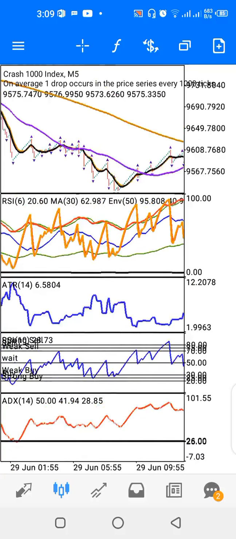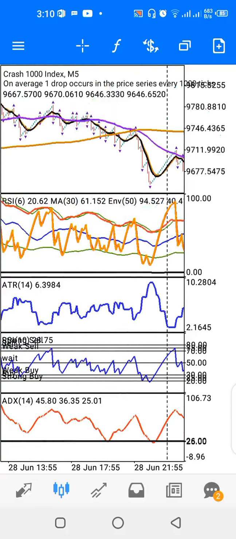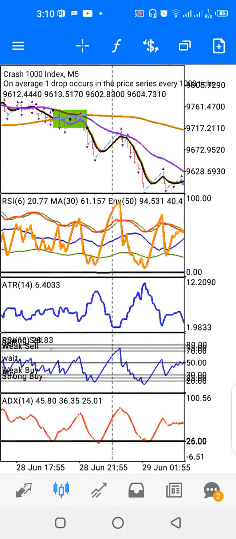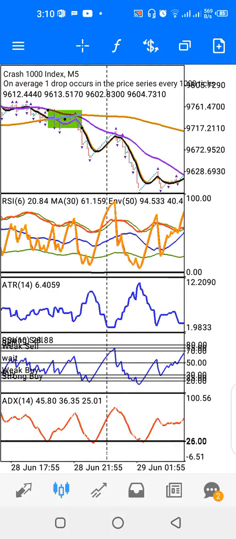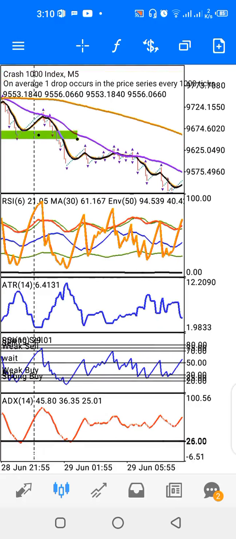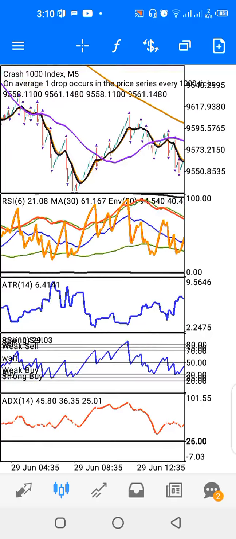But when it crosses down, like you have around here, that means it's safe for you to sell Crash index. And obviously, if you enter your trade somewhere around here, or you enter after the breakout of this low, you can see how much profit you will have scalped.